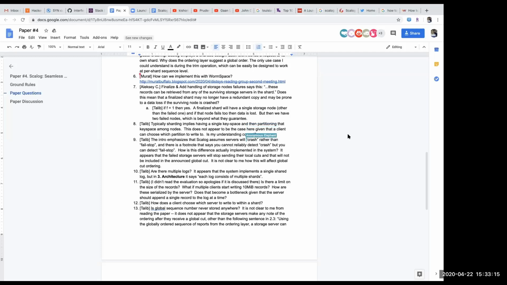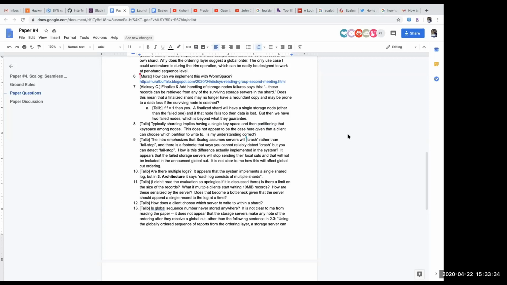sharding. And then they say that Scalog assumes a serviceable crash rather than fail stop, and you cannot reliably detect crash. So how is this difference actually implemented?